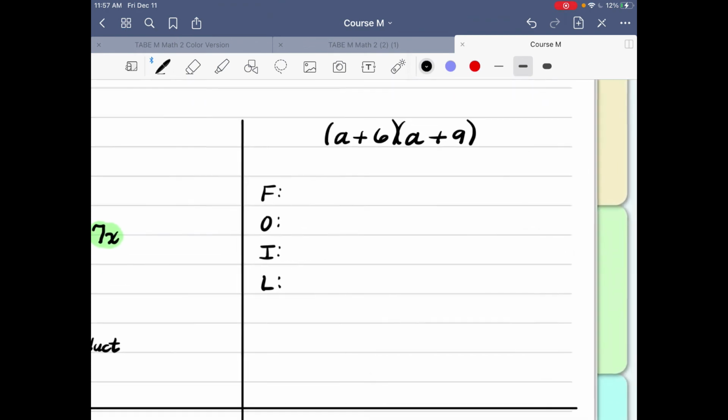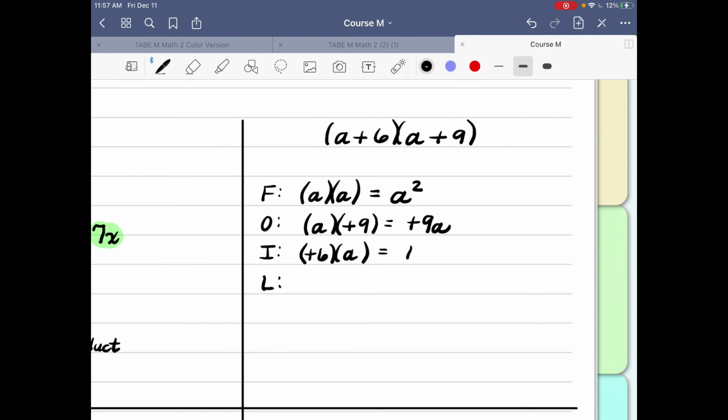So I have first, that's going to be a times a, which is a squared. Outside, the outer ones would be a times positive 9. So that's plus 9a. Then inner would be plus 6 times a. And last is plus 6 and plus 9. That's plus 54.